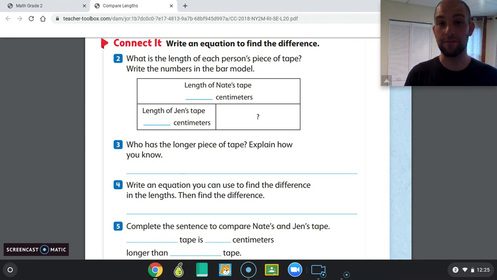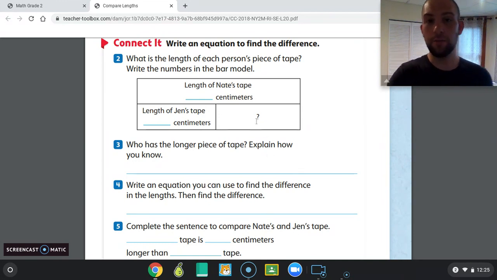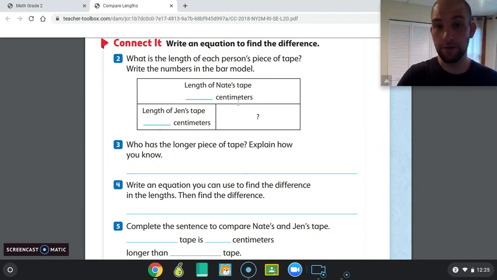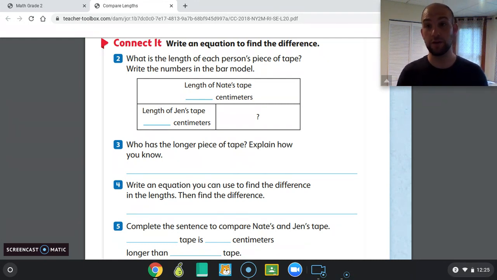What equation can we put together to find this area right here? What number will we subtract from what number? Because remember, we're trying to find a difference. When we're finding a difference, we know we're going to use subtraction. Which one would we subtract from which?